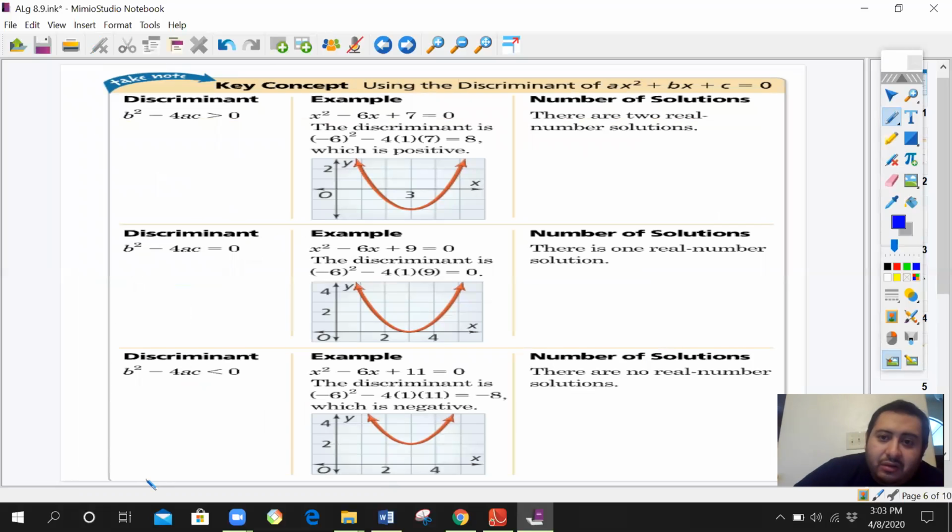All right. Now let's talk about the discriminant. The discriminant basically follows a certain formula. So these are your formulas. When b squared minus 4ac is greater than 0, then there are going to be two solutions.